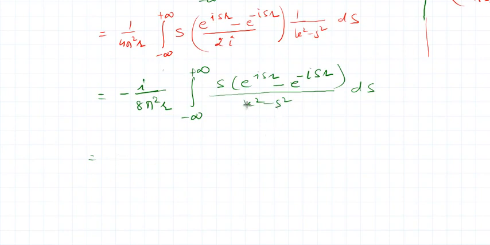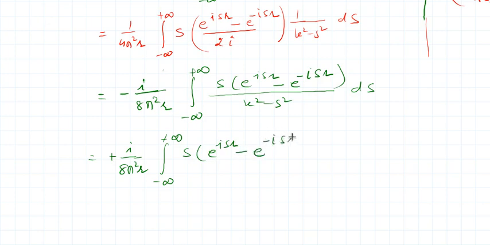If I put s square here and k square there, this negative will become positive. So it is positive iota over 8 pi square r, integral from minus infinity to plus infinity, s times e raised to power iota sr minus e raised to power minus iota sr, whole divided by s square minus k square into ds, right? The negative taken from here makes this negative sign positive.